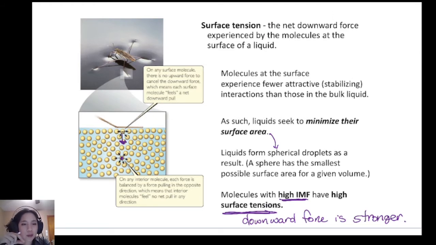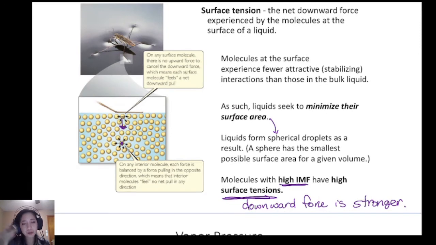Dry off the penny, do it again, and you'll see that you only get like 20 drops of your soapy water before the surface tension breaks. That's because the soap lowers hydrogen bonding and total intermolecular forces available in water. Okay, so that is surface tension.